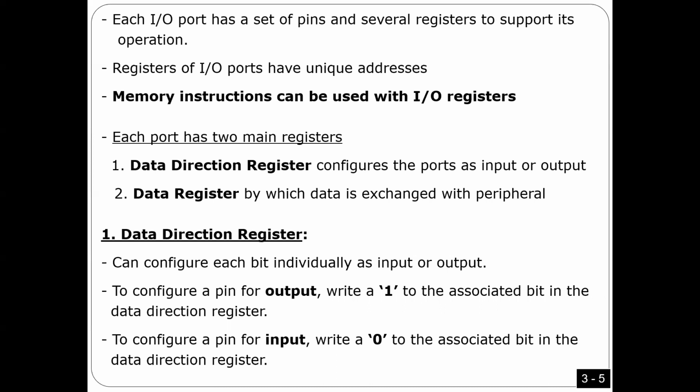Every pin here should have one bit here. If I put logic 1, you are going to put 5 volt. You got what I'm saying? This register is called the data register, and every port should have a data register.